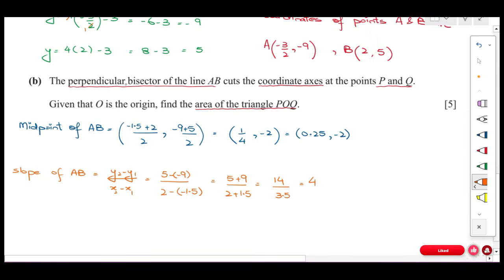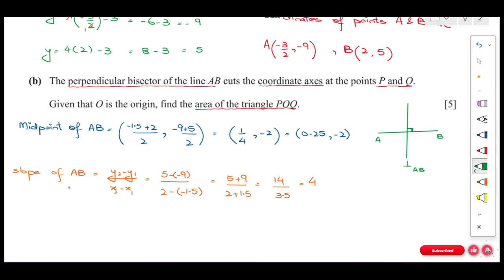But we need to find the perpendicular bisector of the line AB. Okay, so if this is the line AB, then this would be its perpendicular bisector. So as you can see, the line AB and the perpendicular are perpendicular to each other.